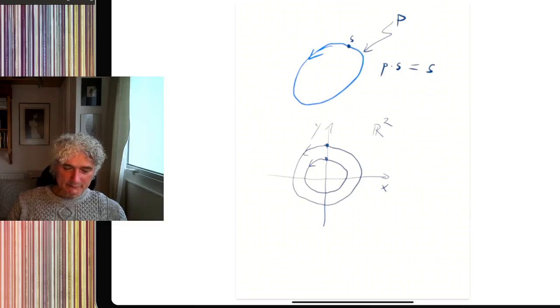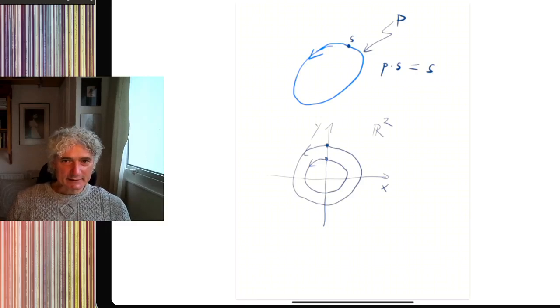And so the solution of this underlying differential equation is just concentric rings which fill up the whole of R2.